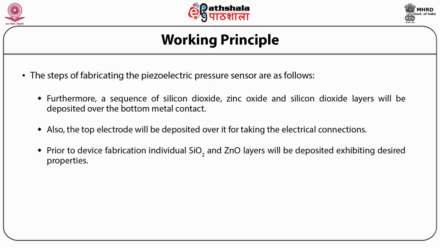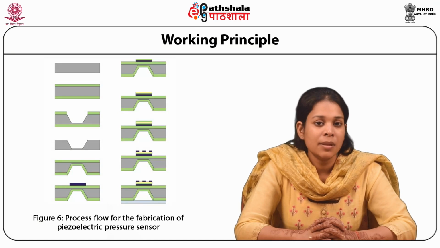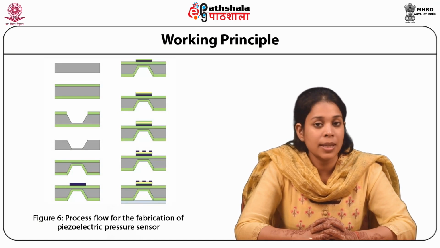Prior to device fabrication, individual SiO2 and zinc oxide layers will be deposited, exhibiting the desired properties. Finally, the processed wafer will be bonded on the glass substrate using the wafer bonding technique to develop the desired piezoelectric pressure sensors. Now students, here comes the process flow for the fabrication of the piezoelectric pressure sensor.